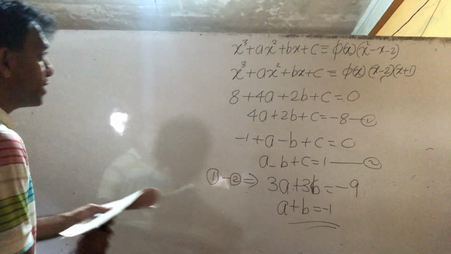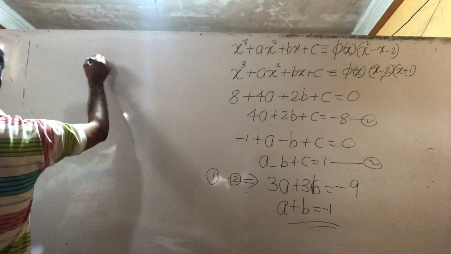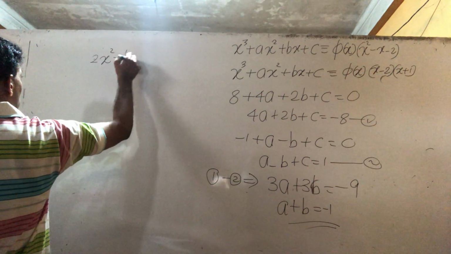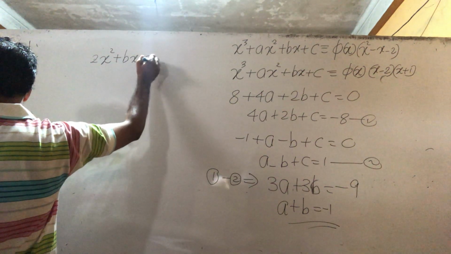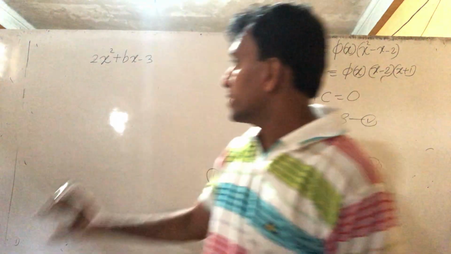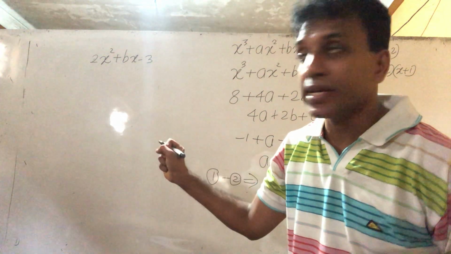The polynomial 2x squared plus bx minus 3 has a factor x minus a.